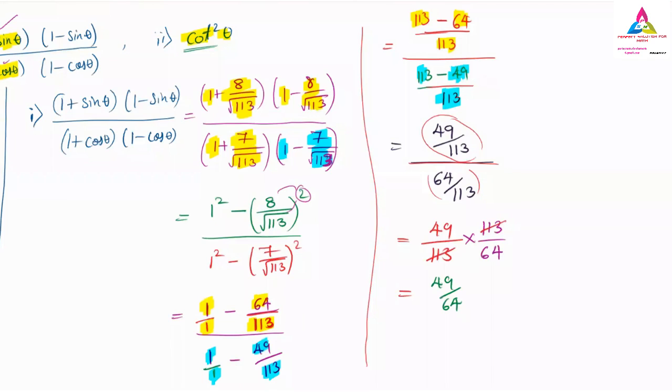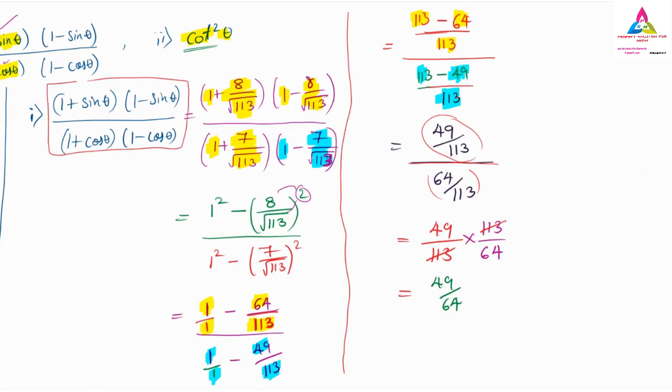Again, simplification further is not possible. Both are square numbers, but the simplification further is not possible. So this is your answer for the given 1 plus sin theta into 1 minus sin theta. Here you have the question, 1 divided by 1 plus cos theta minus 1 minus cos theta.